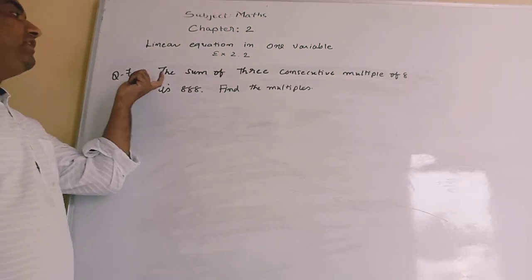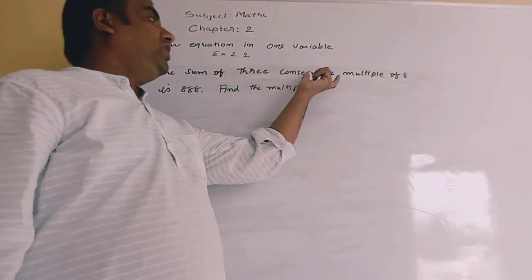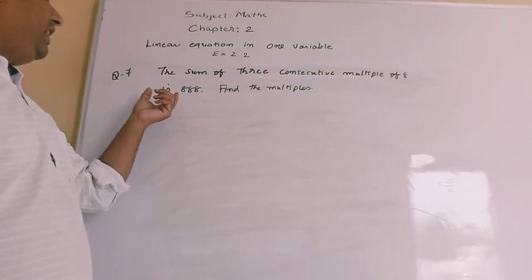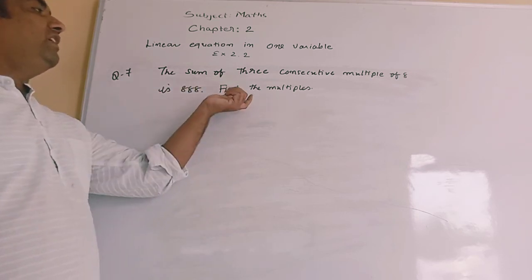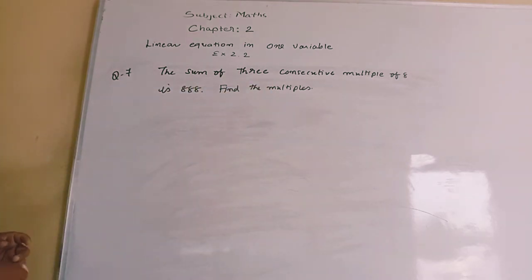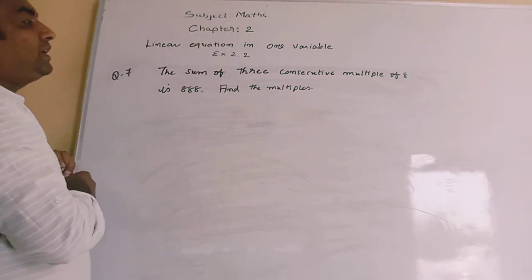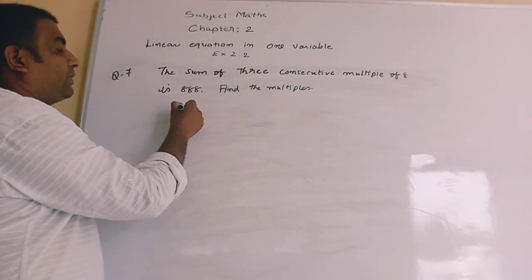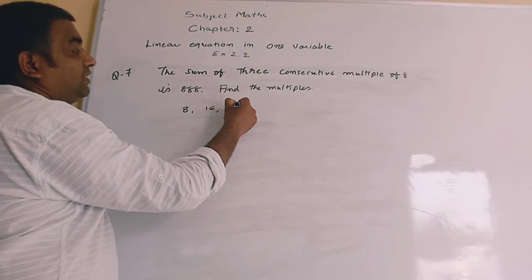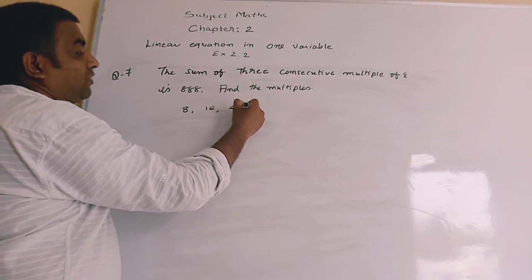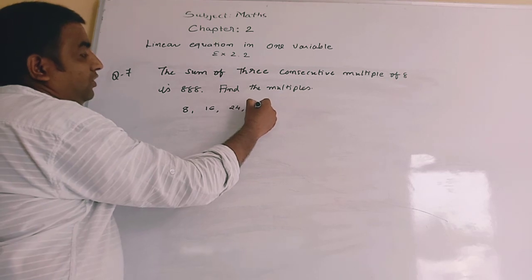Question 7 is given. The sum of three consecutive multiples of 8 is 888. Find the multiples. So we don't know which are the multiples, but we know that multiples of 8 are 8, 16, 24, then 32, it goes this way.